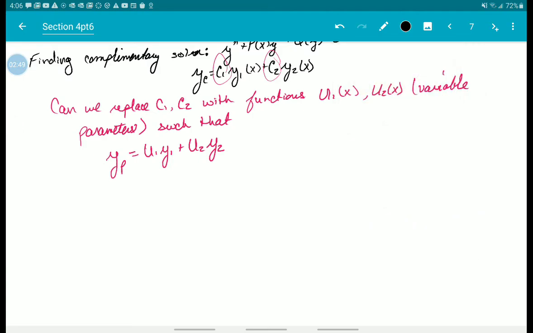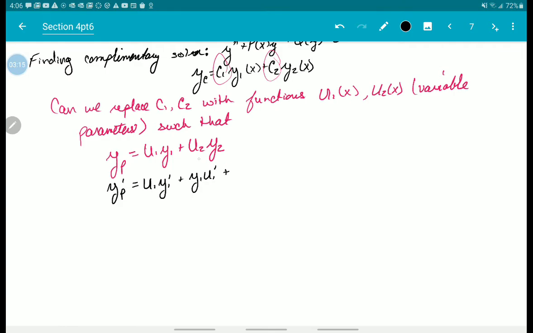So we've got the yp in the form that we would want it in. We know usually what happens is we take derivatives and substitute them into the original equation. So let's find some derivatives here. If I find the derivative of yp in this format, I'm going to use the product rule. So it's the first function times the derivative of the second plus the second function times the derivative of the first.